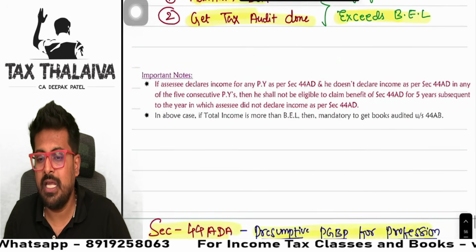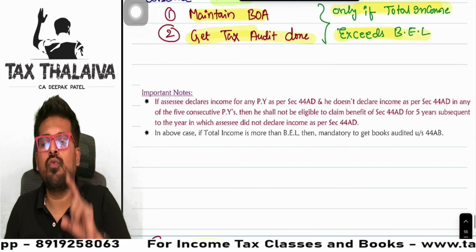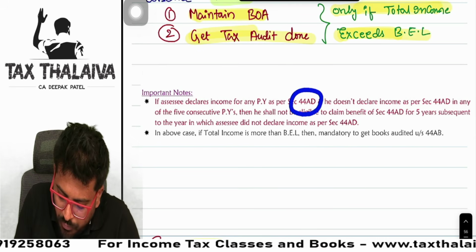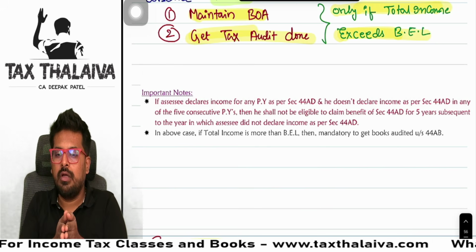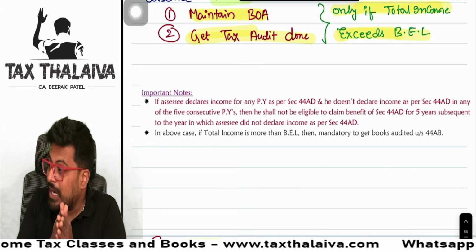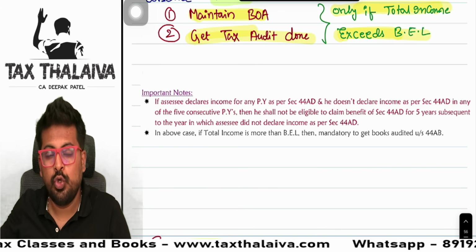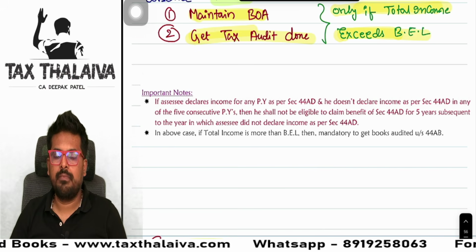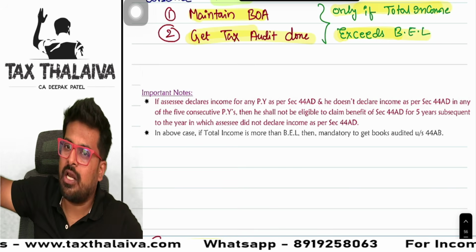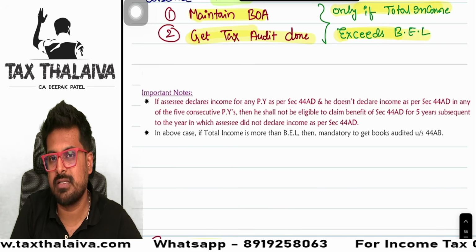Now there is one very important point. If you want to opt for 44AD, once you opt, then for another 5 years you have to offer under 44AD only. If naturally your turnover is exceeding 3 crores, that is a different case.